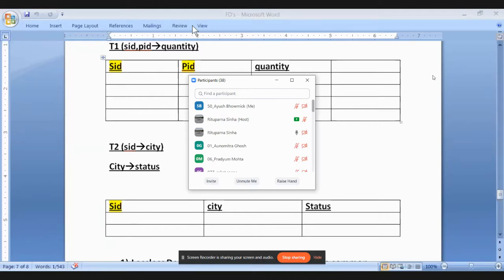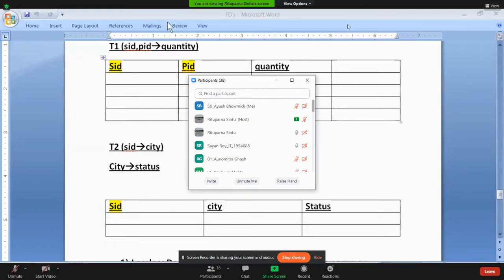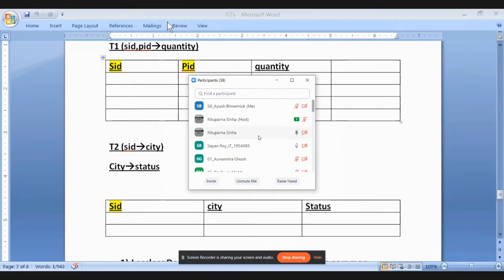Now another student will answer me, Shayan Roy. Yes, ma'am. Are you there? Yes, ma'am. Shayan, tell me whether T2 is in 2NF or not. Whether T2 is in 2NF or not.